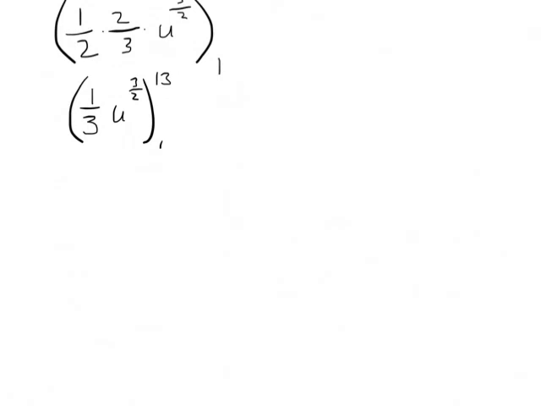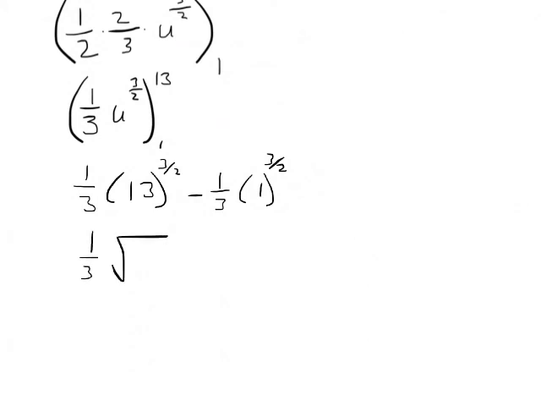Then I just plug these values in. I get 1/3 of 13 to the 3/2 power minus 1/3 of 1 to the 3/2 power, which is just kind of silly. 1 to the 3/2 power is really just 1. So I suppose I'd have 1/3 the square root of 13 cubed minus 1/3.